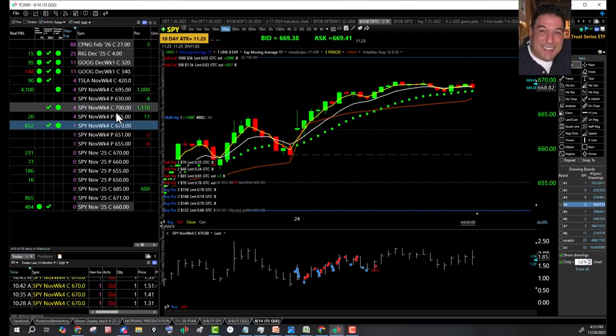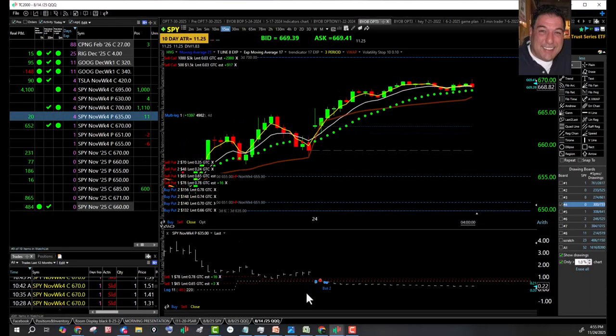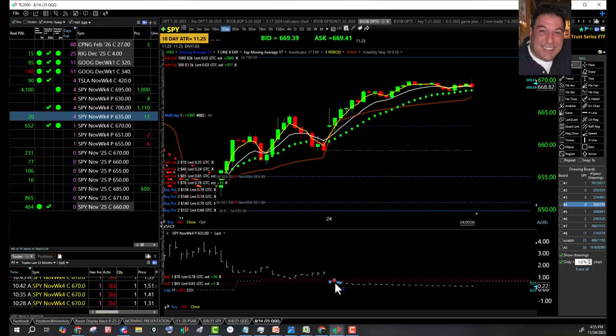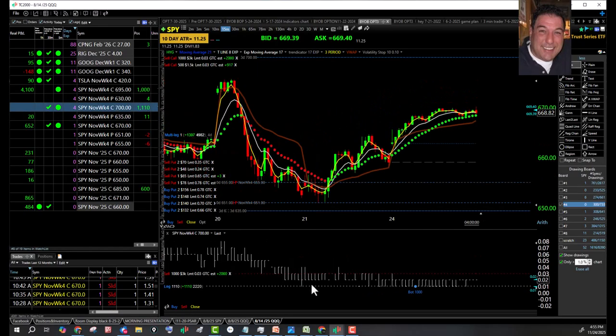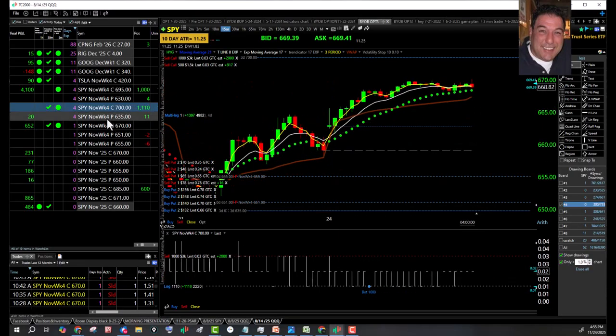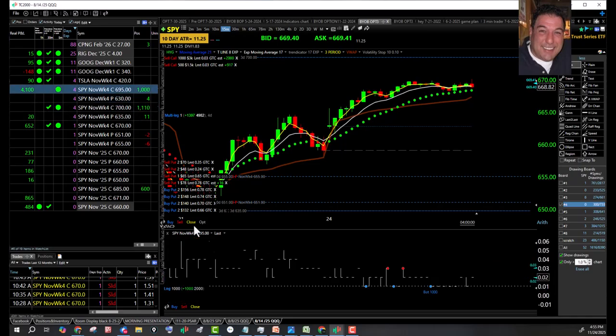Bought the lows of the calls. These puts right here, okay? So bought the lows, reloaded, and then bought the lows again, okay? 700, bought the lows and sold the highs on this one, 24. Nope, didn't even make anything on that one. This one bought the lows and sold the highs of the option candle.